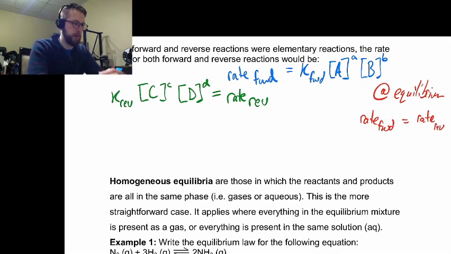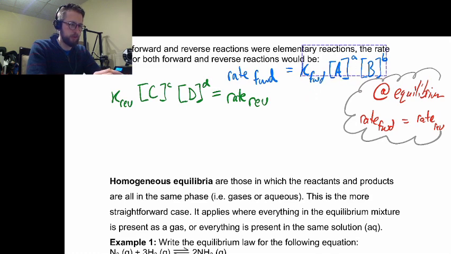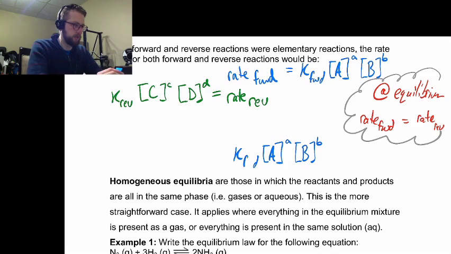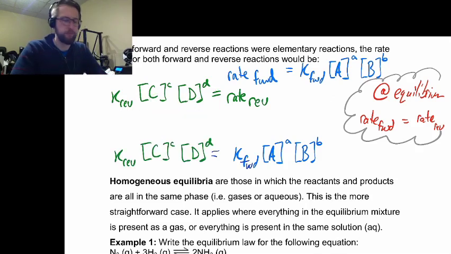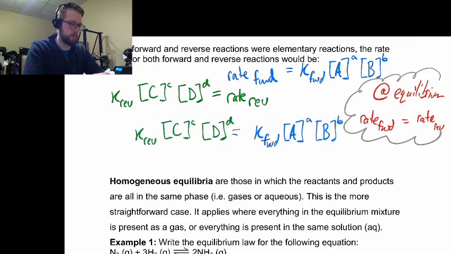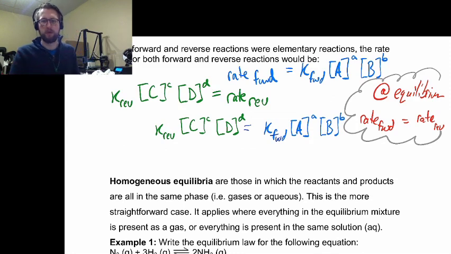So by mathematical substitution, we can say that this forward reaction rate is equal to this reverse reaction rate at equilibrium.